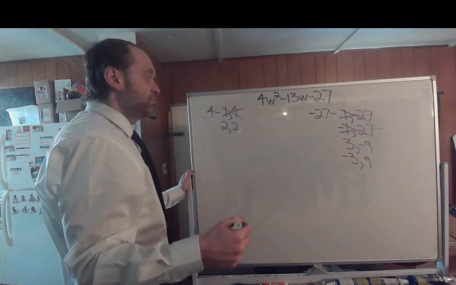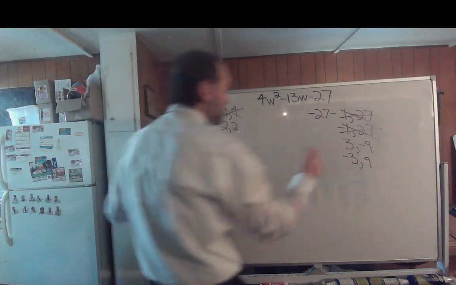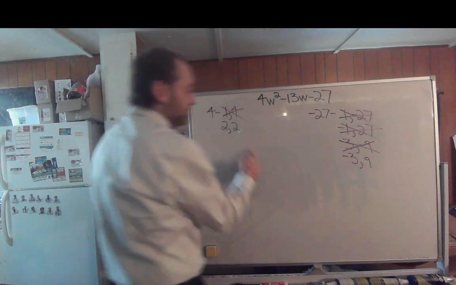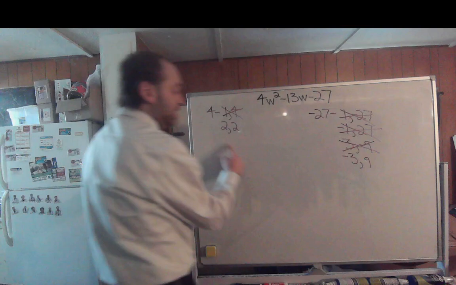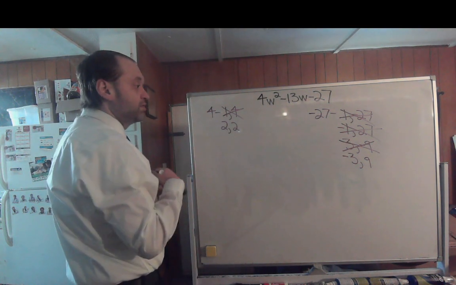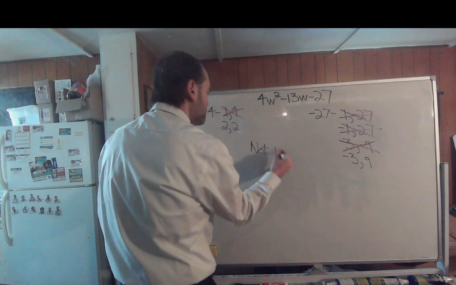Negative 18 plus 6 is negative 12. We're real close, but that doesn't work. And then we have 2 times 9 is 18 minus 2 times 3, so 18 minus 6 is positive 12. None of these work, so this is not factorable.